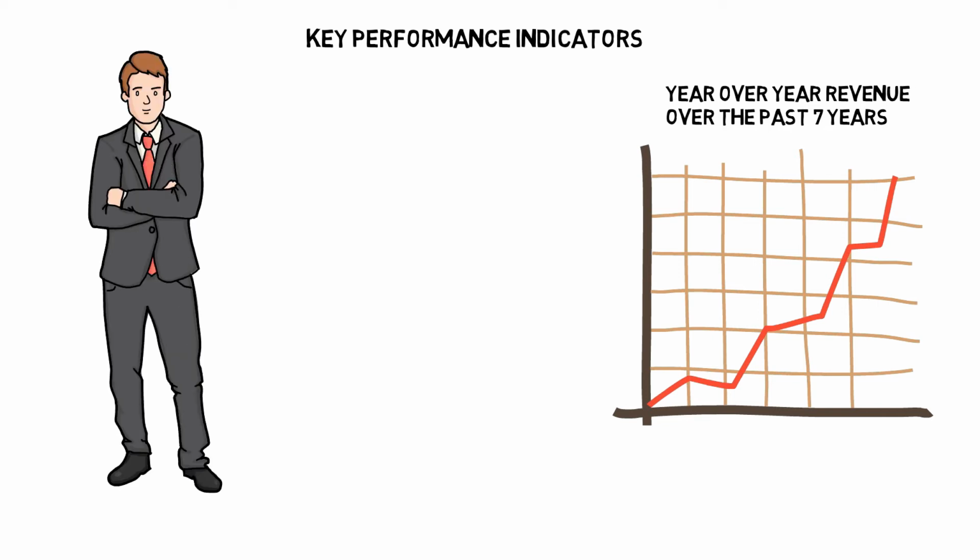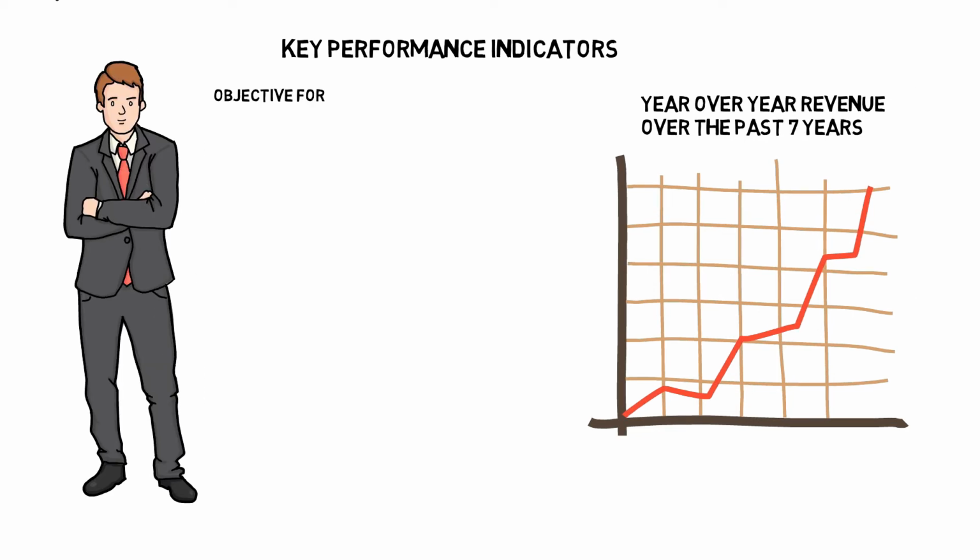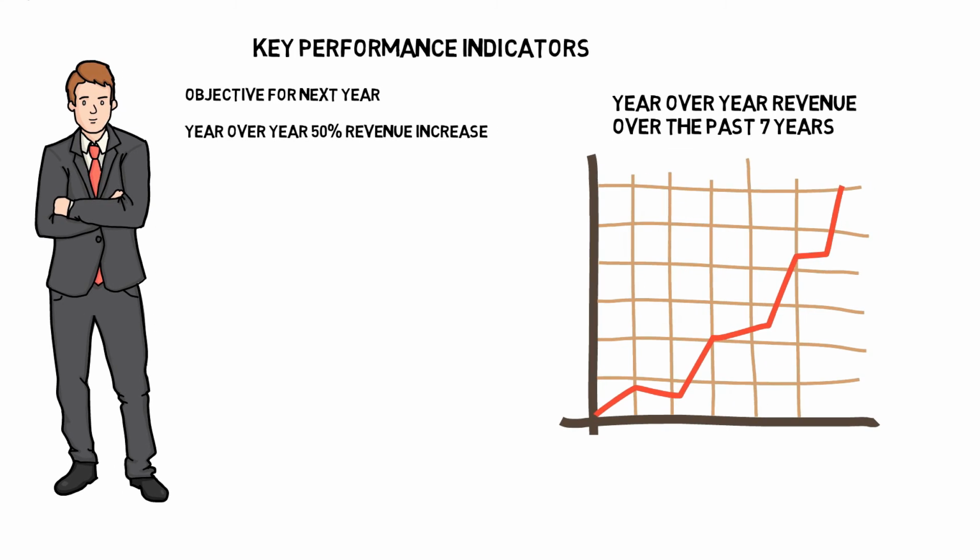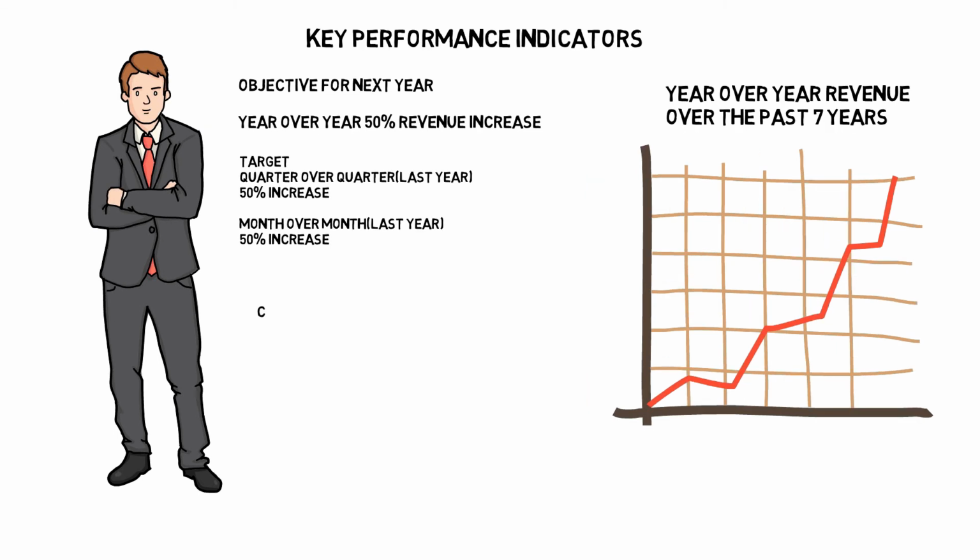The senior leadership has set a business objective that the total yearly revenue of the company should increase by 50% by the end of next year. This objective means that there should be a 50% quarter-over-quarter and month-over-month increase when we compare it with last year. We now have a target in place. As the year progresses, we will closely monitor the total revenue by month and by quarter, identify any shortcomings, and take necessary actions.